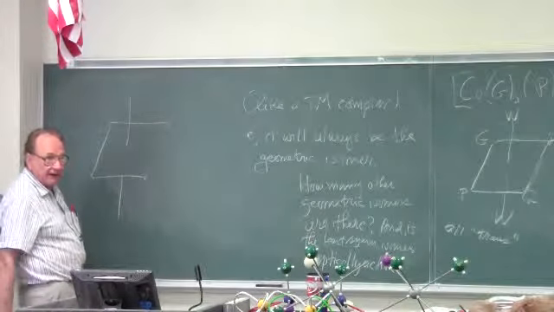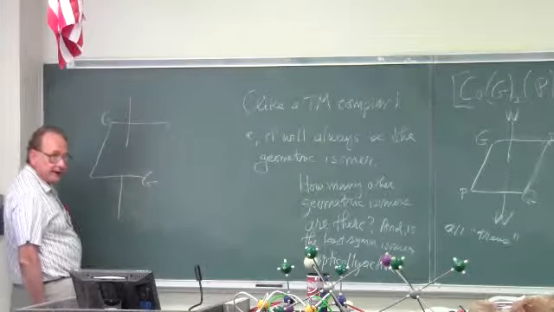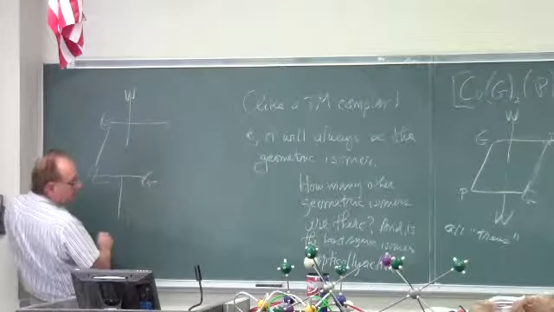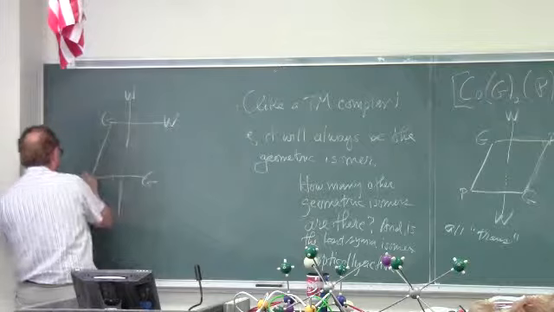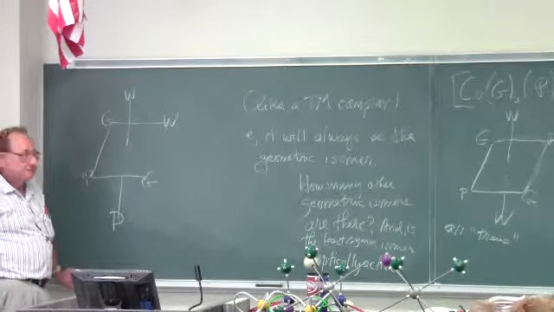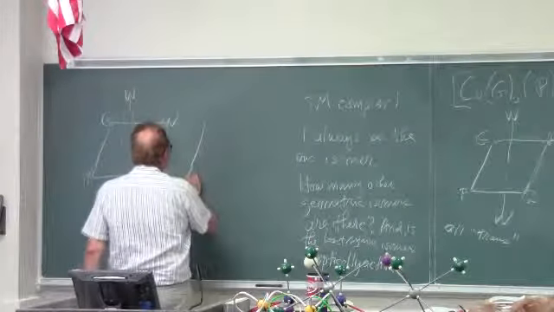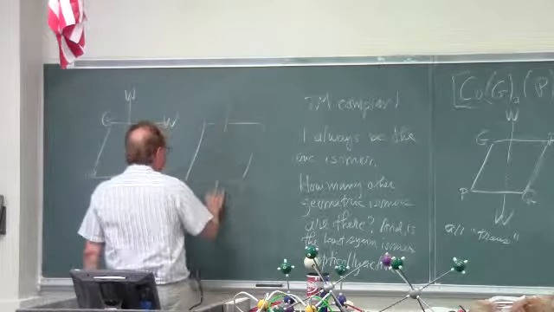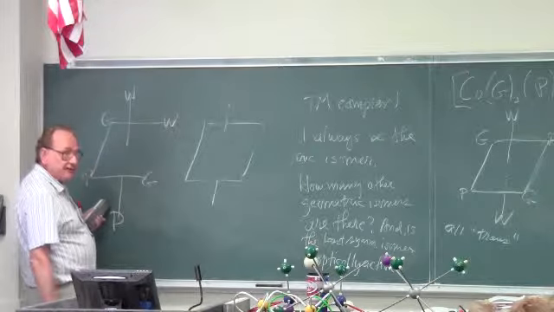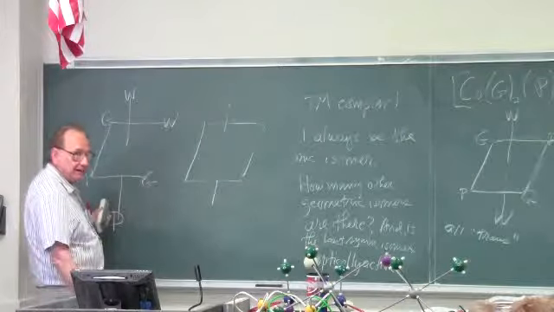Let's start with the all trans. Okay? We'll keep green and green trans. Well then, white, white, purple, purple. Okay so far? Well, what can I do to change this into another geometric isomer, which so far we haven't considered?